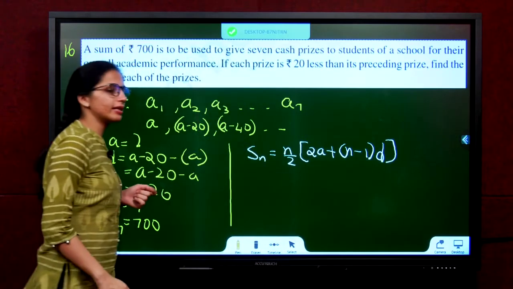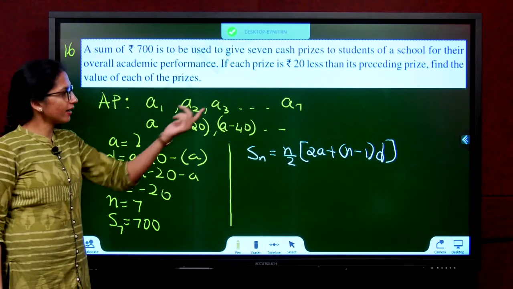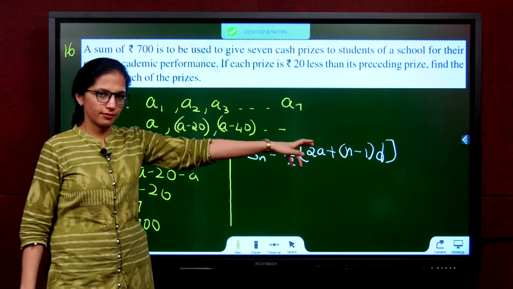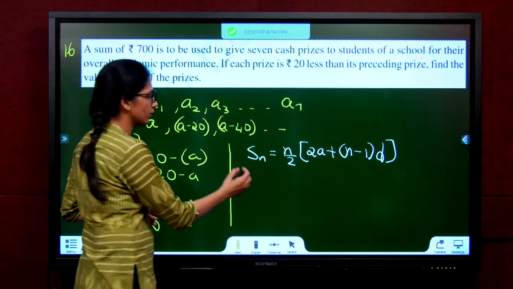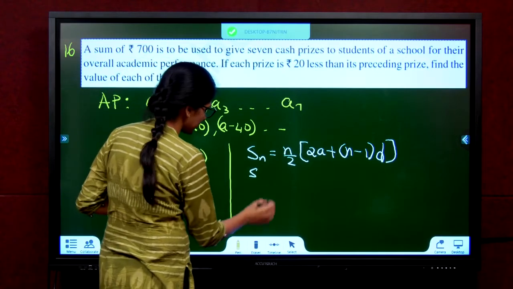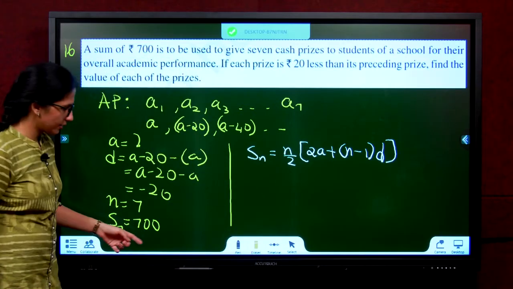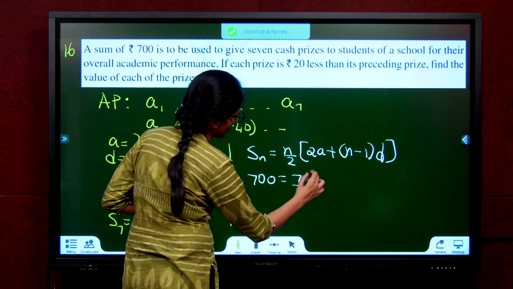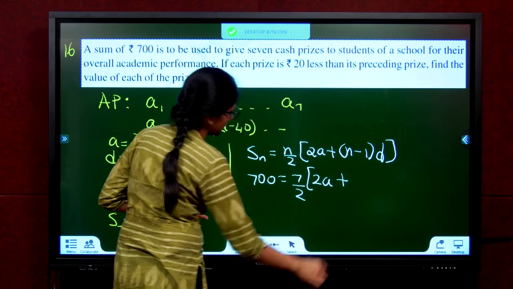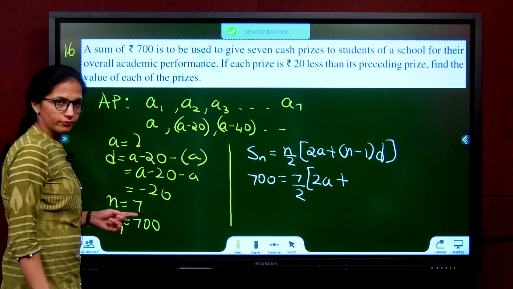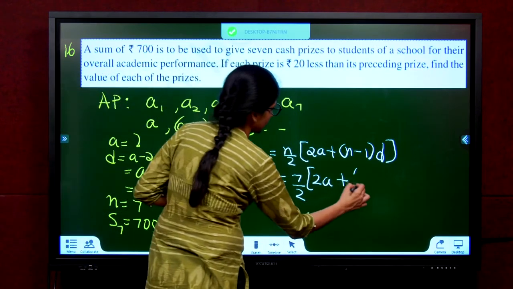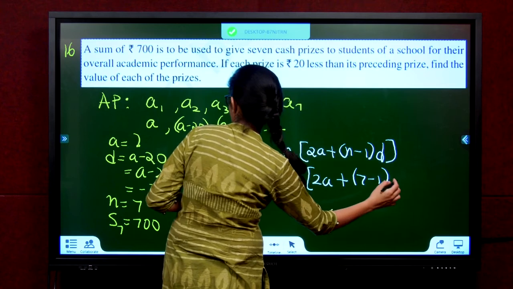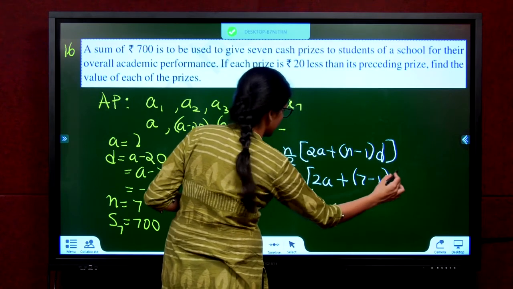Why am I not using a plus an? Because I don't have a and I don't have an. So S7 is 700. 700 is equal to 7 by 2 into 2a plus, n is 7, 7 minus 1 into d, d is minus 20.